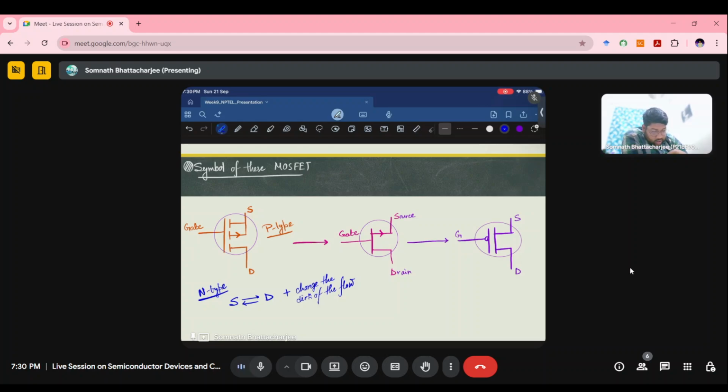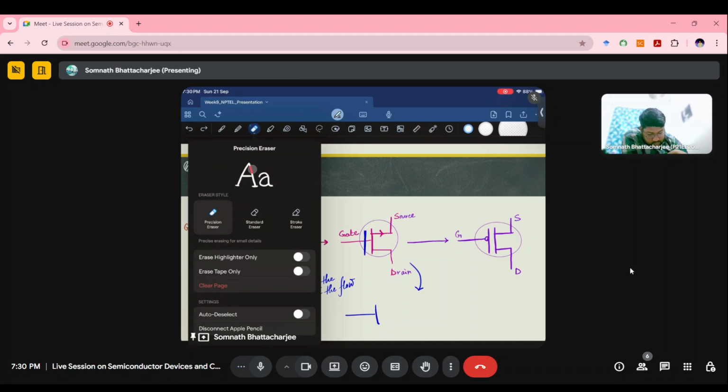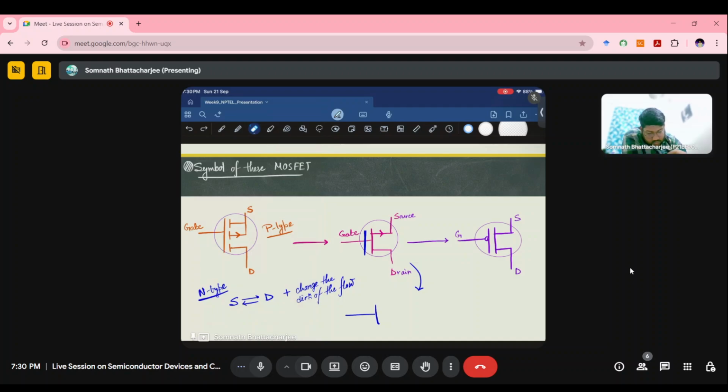So if we are just drawing with this structure, let's say, this one is like this, not like this. If it looks like this, this will be the gate terminal.